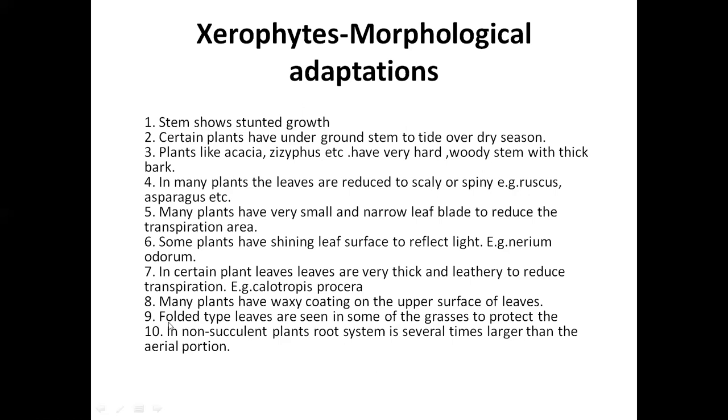So the main features are a very well developed root system and stunted stem and leaves. Either they are modified into scale leaves or spines, or the leaf surface is minimized to prevent transpiration. These are the main features of the xerophytes.